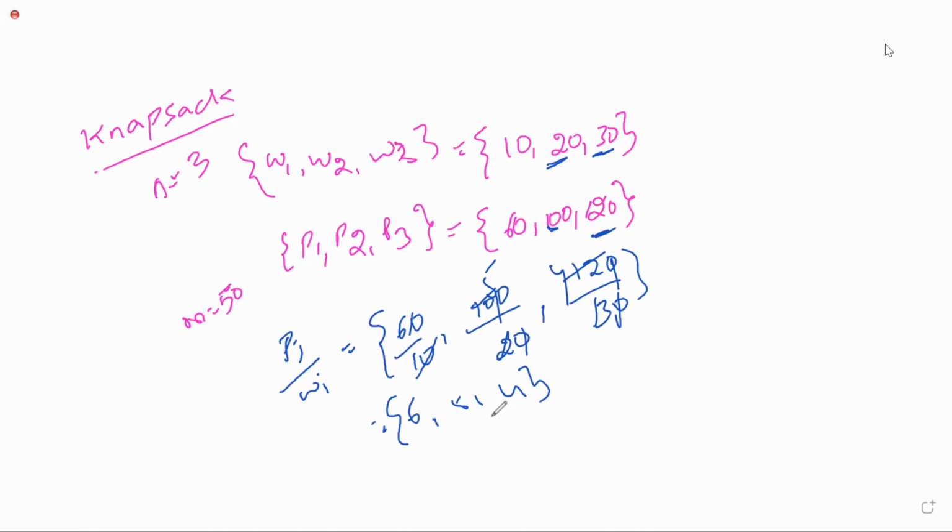So first I'm going to keep item 1 in my bag. Initially my bag weight is 50. Item 1 weight is 10, so if I keep it in my bag, I can still handle 40 more weight. If I place the first item in my bag, the profit I have achieved is 60.